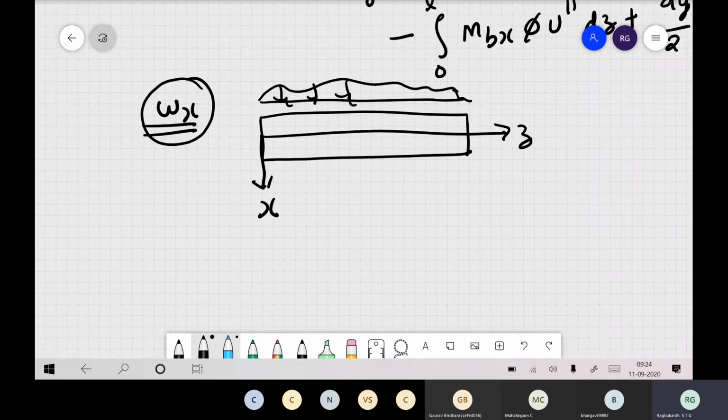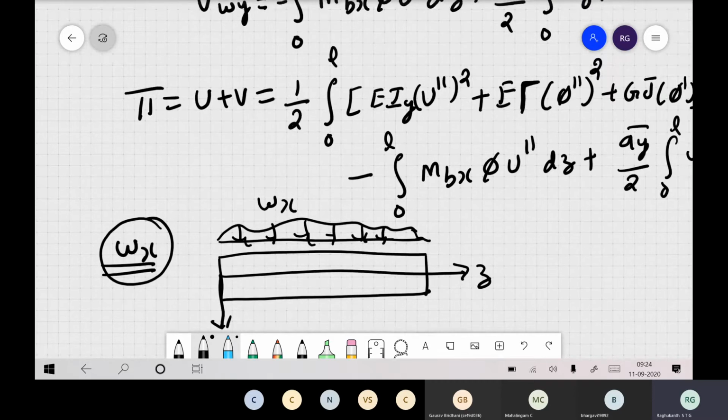So now Wx. Everything remains the same, no difference between this and this. The only thing is, wherever we have u, you have to change it to v, and of course the same angle of twist, because it's a combination. All the things will be perfectly fine, but one small correction will be there in terms of this, the ys that is there.